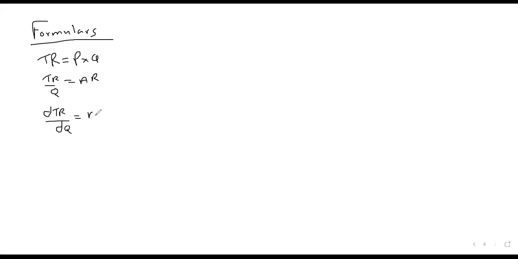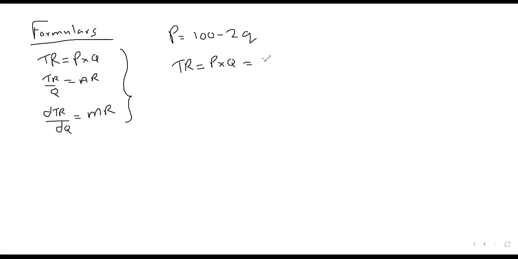So we call this a revenue analysis. So let's apply just these formulas before I go verify. Suppose you're given the price is 100 minus 2Q. Let's find the total revenue. So total revenue is given by price times quantity. The price we're given as 100 minus 2Q.